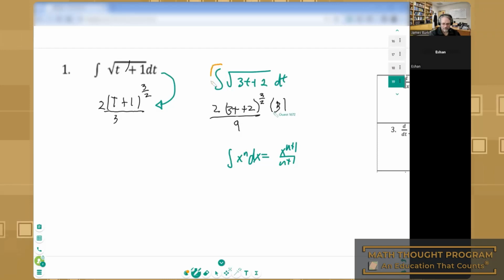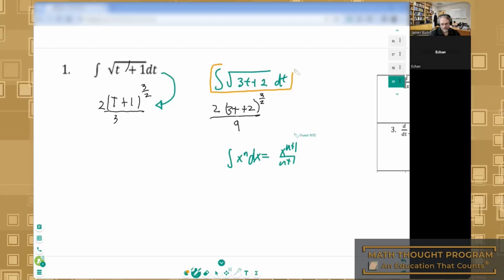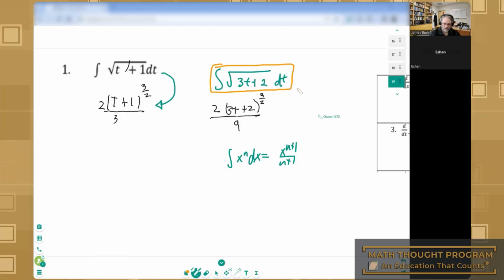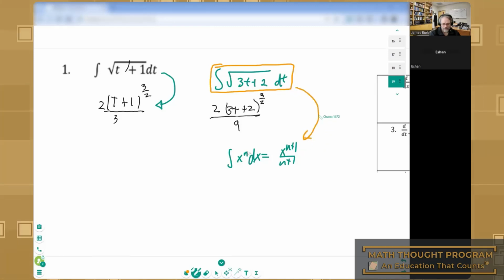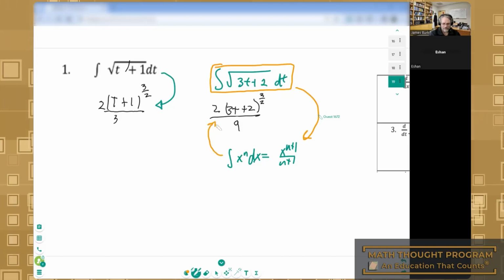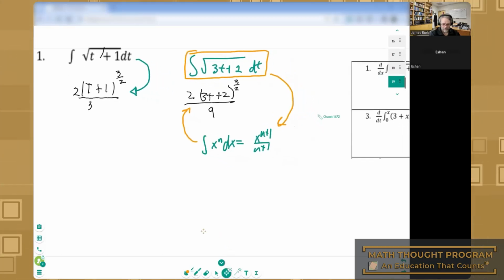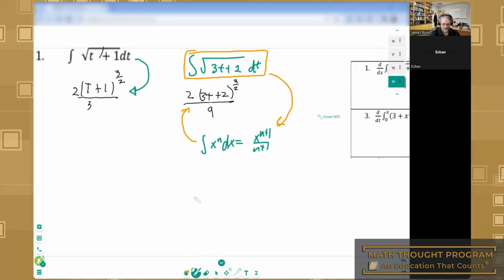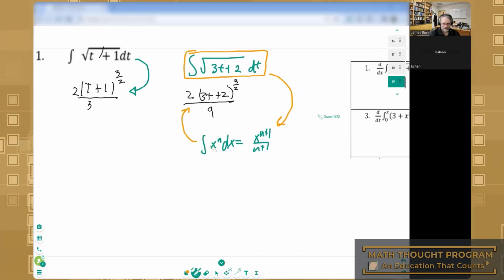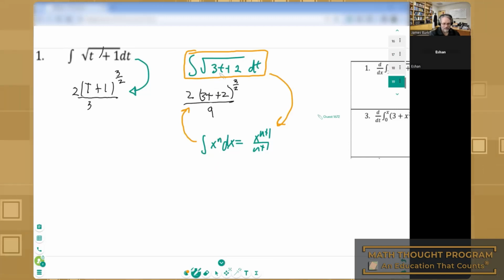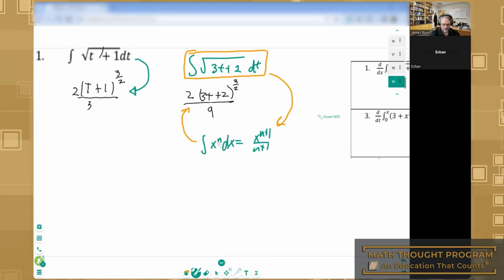This is a problem that some students do run into. What they do is they say, well, it looks like this, so it must be that. So we're going to get this out of it. The problem is whenever you use these integration properties, Sean, they are very precise, very particular. If it doesn't say it precisely, you can't use it. So you can't guess it to make it work.